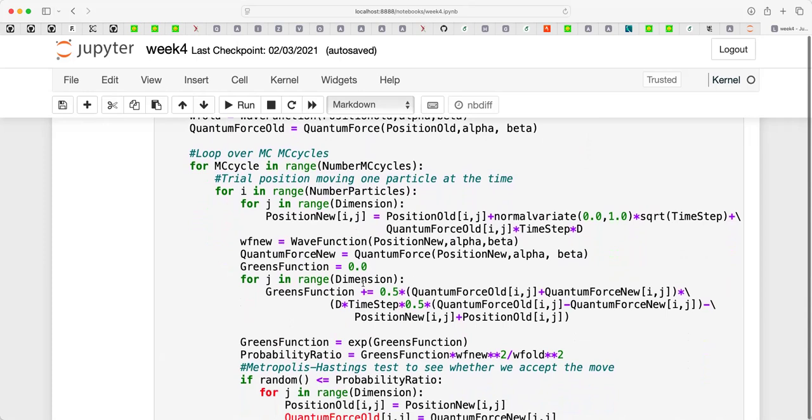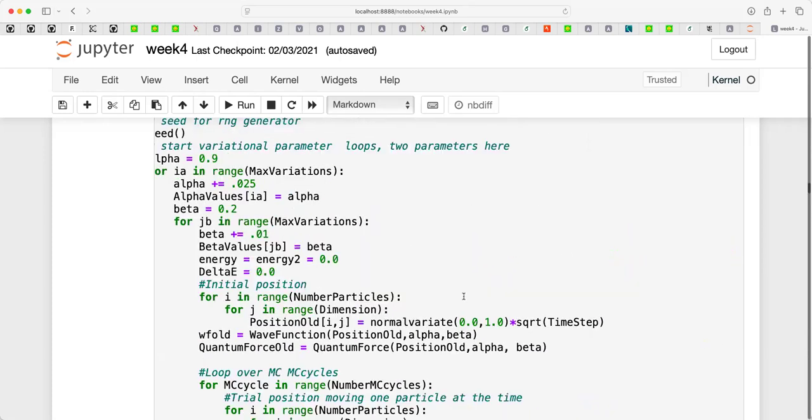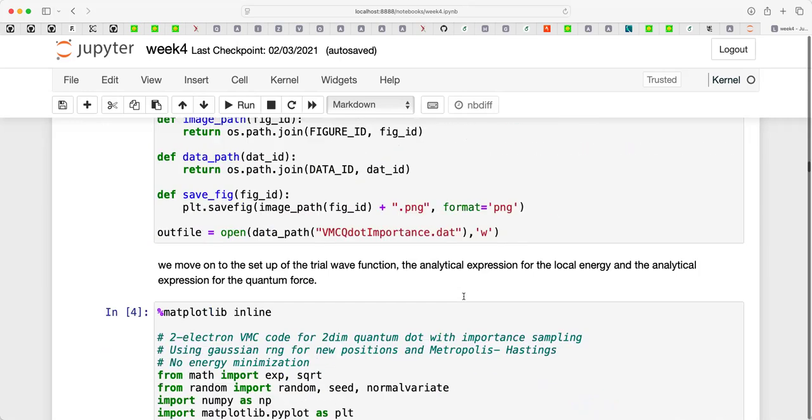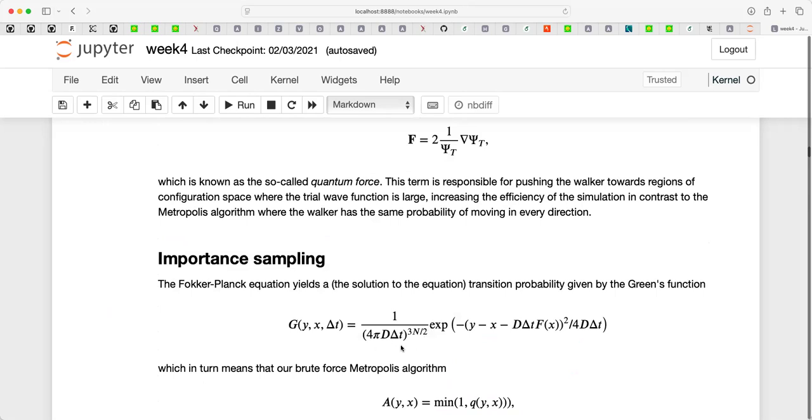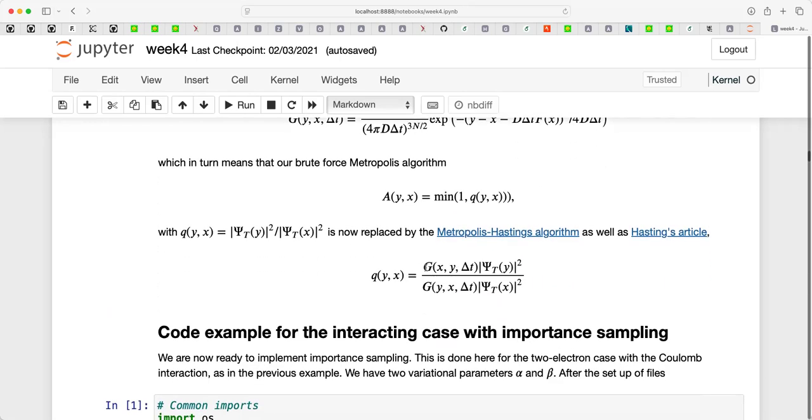My Green's function, as you can see here, I don't calculate the exponential for the denominator and the numerator, but I calculate the arguments. So if you look at the equation which you have, if we just go up again, you see now that these factors here disappear because you're taking a ratio. But then you have an exponential in the denominator and in the numerator.